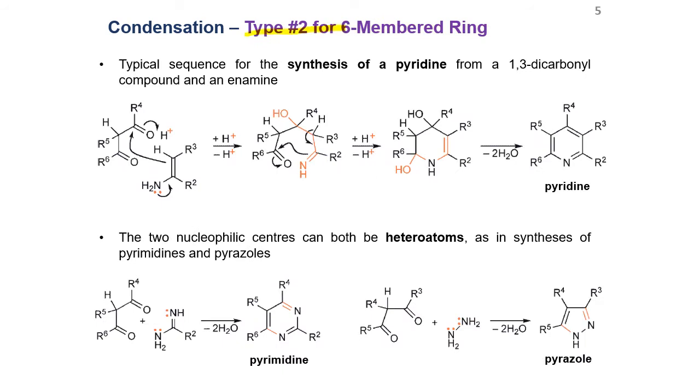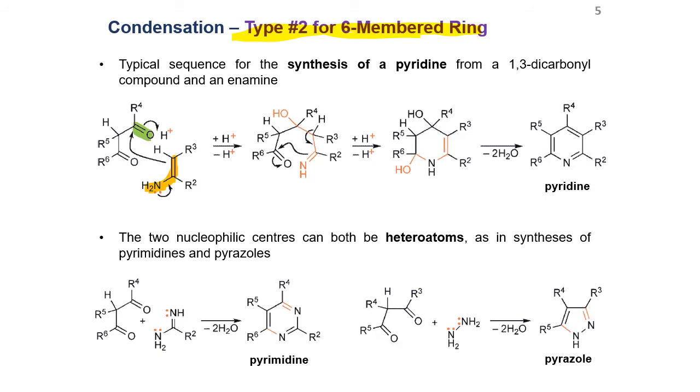For the type 2 synthesis of 6-membered rings, again, there are many possibilities, but one of them is, for example, if you want to synthesize pyridine, you can start from an enamine as a nucleophile to use the carbon to attack 1,3-diketones.